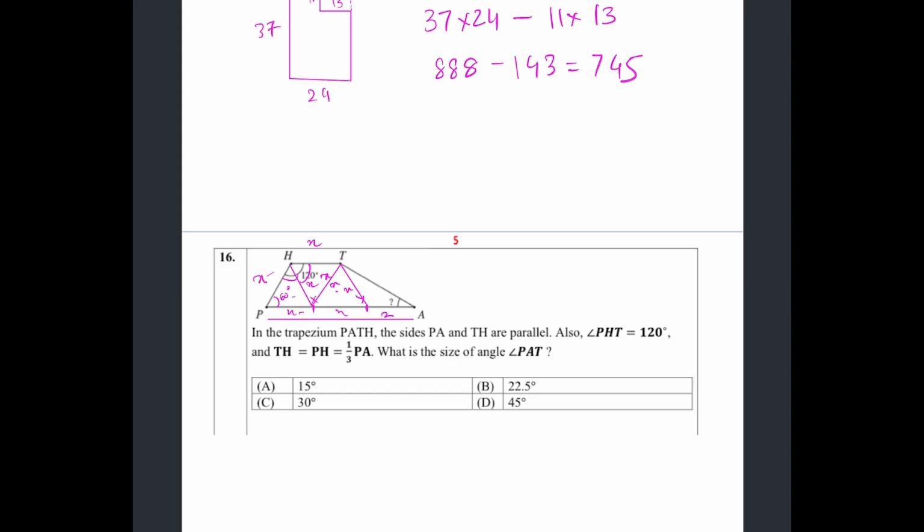So if we take this triangle here, we have this angle is 120 degrees because it's a linear pair with the 60-degree angle here. And these two sides are equal, so these two angles are also equal and they're equal to 30 degrees. So the answer is option C, 30 degrees.